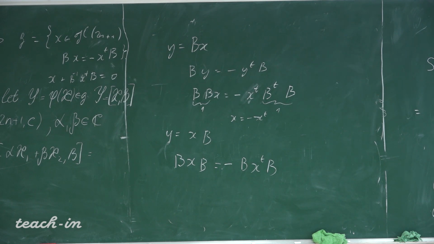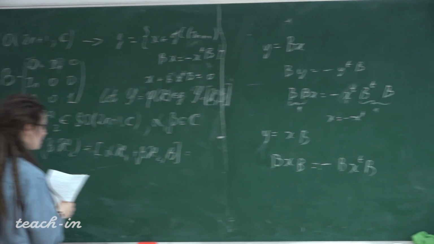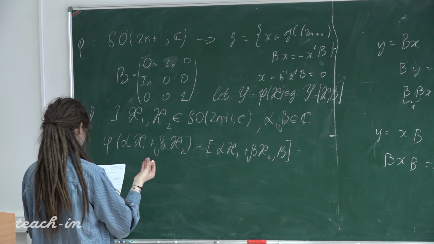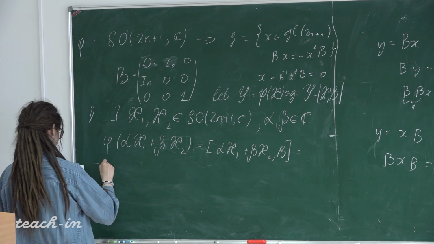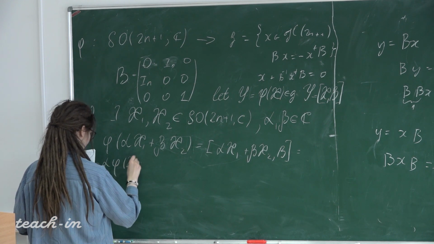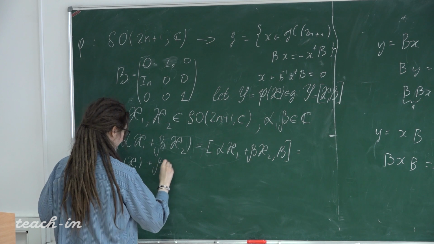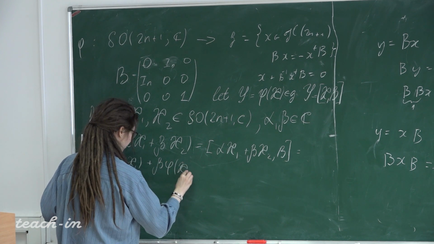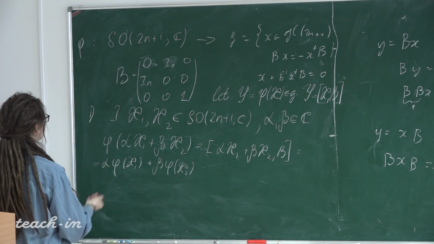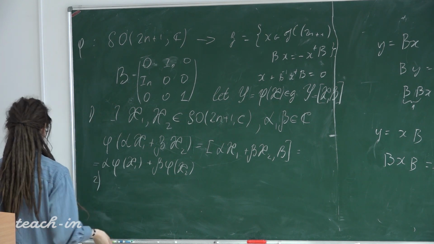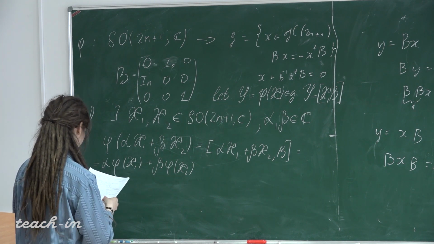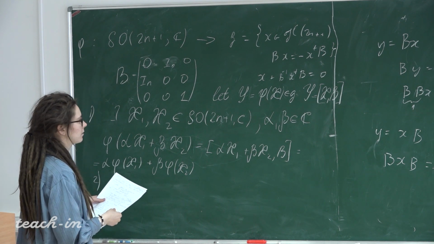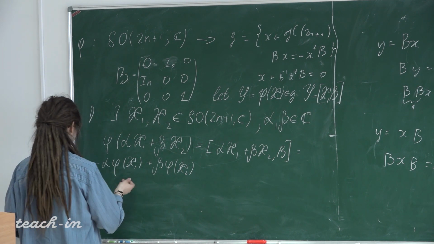Here I just wrote that it's linear. The second step was to prove that phi is bijective, in two steps, first that it's injective.